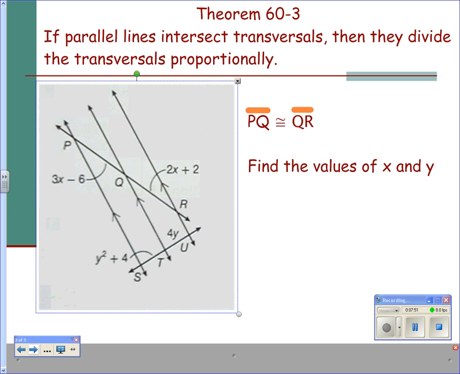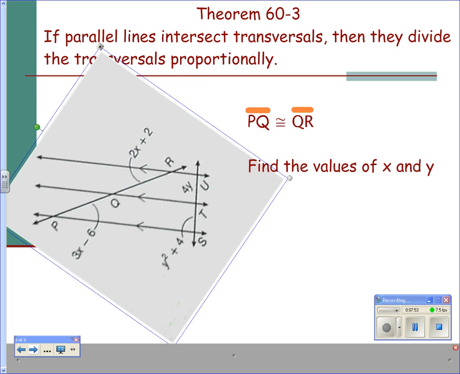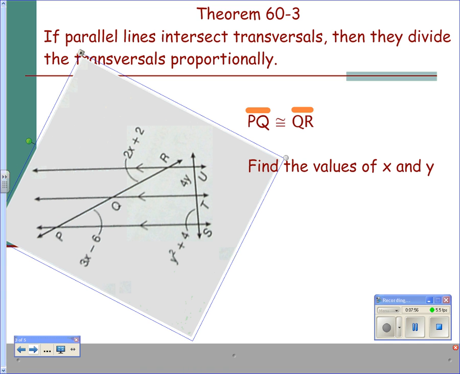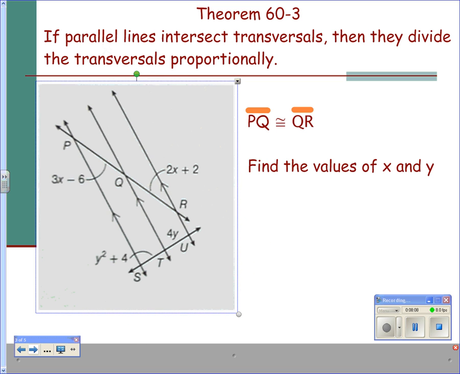Okay, hold on. If you don't remember it, does it look more familiar? They were always turned like that last year. Like they never had them turned the other way. Okay. So see if you can find the values of x and y by yourself.